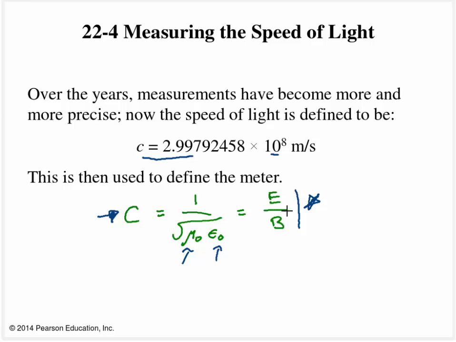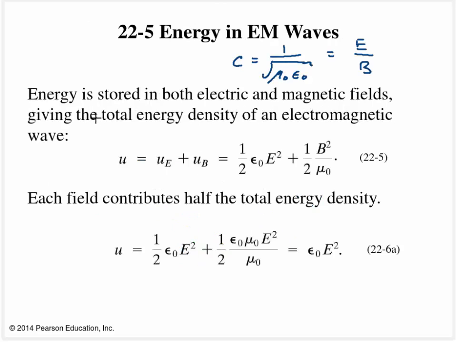Now we know that waves can transmit energy. I showed on one of the first couple of slides that we can wiggle an electron on one antenna and make another electron wiggle. So how much energy is stored in each field? We can write the total energy of a wave as the sum of the electric plus the magnetic. It turns out that each field contributes half to the total energy density.